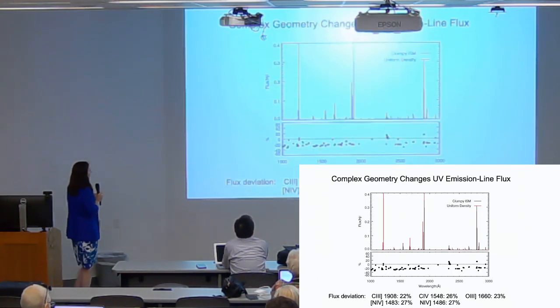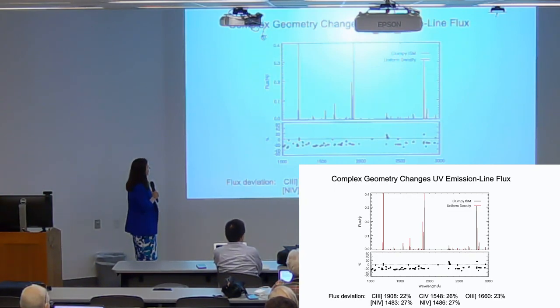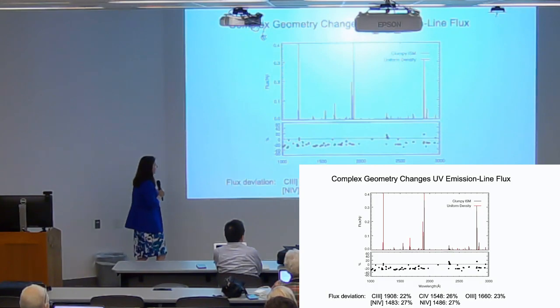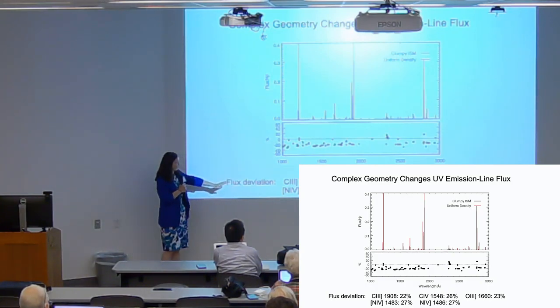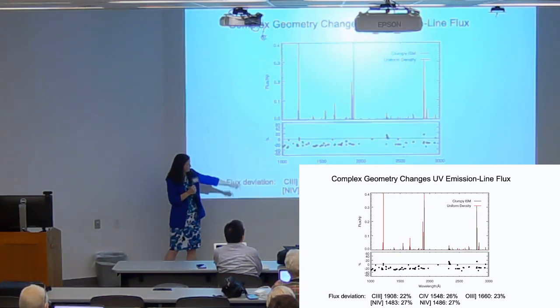Also, we can have a look at the UV emission line flux. It does change the UV emission line flux, and in fact it has a significant impact. This is relevant to JWST data. In particular, for the carbon III] 1908 line, it's a 22% difference.